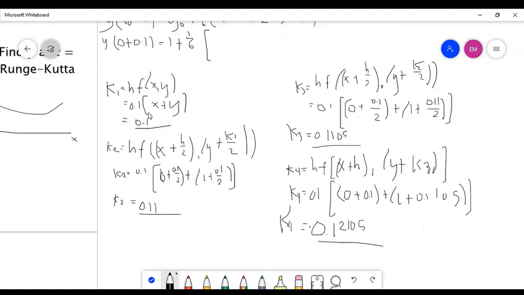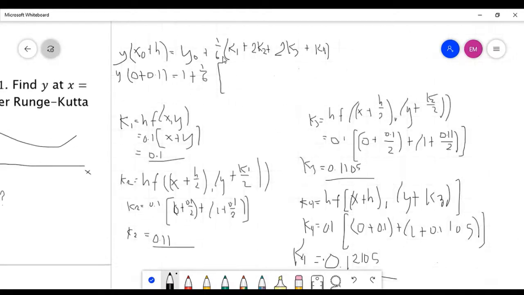And these values from K1 to K4 are to be substituted here. So we have, following this above formula, 0.1 plus twice of 0.11 plus twice of 0.1105.